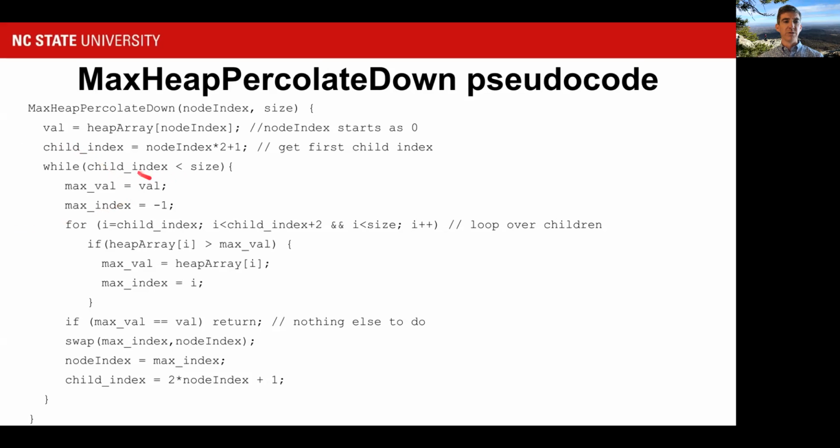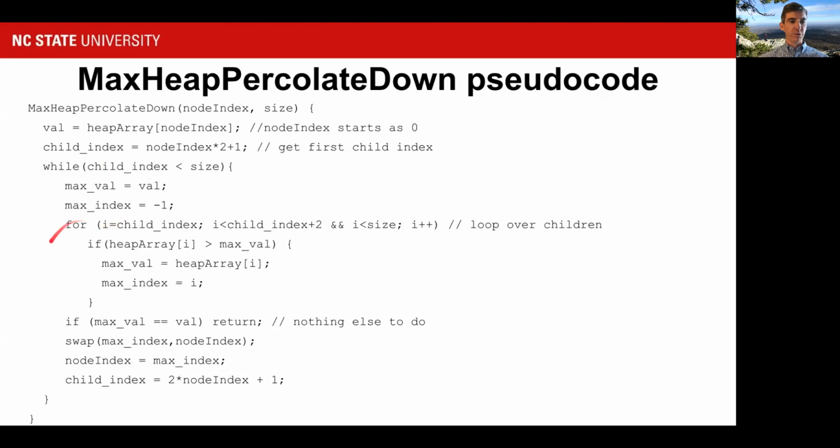And so just checking child index is less than size will do that for me. If the next child index is beyond the end of the array, then that means there is no such child, right? It means it's at a level that hasn't been filled out yet, and I should stop looking, right? I might have already pushed my value as far in the tree as possible.